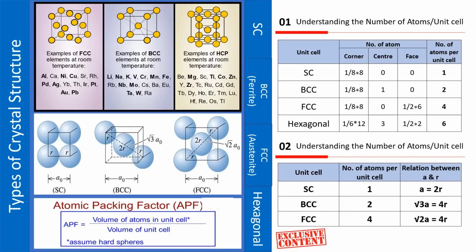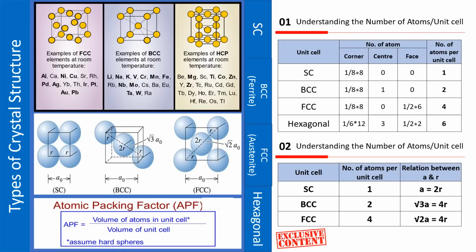When these 2 atoms are touching, the radius of one atom and radius of another atom will be equal to the dimension of side of this unit cell. So we can say this A is equal to 2R. What we are doing, we are trying to establish the relationship between lattice dimension and the radius of the atom. Okay, so for simple cubic it is very simple. A is equal to 2R.